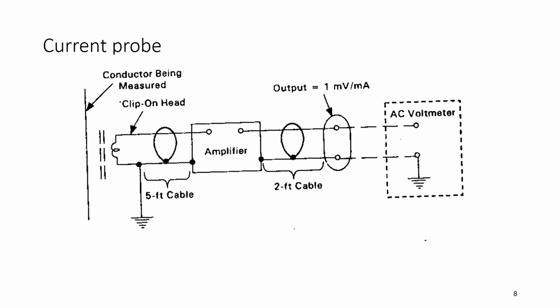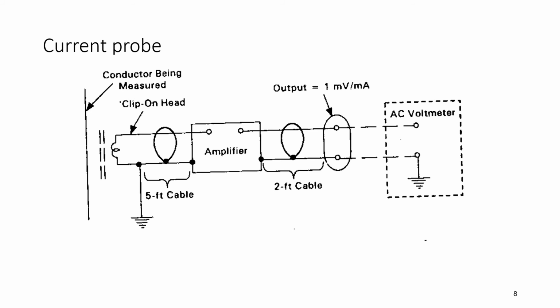It can be clamped around a wire carrying an electrical current without any physical contact. You need not disconnect the circuit to connect this probe. Thus, the magnitude of current with a frequency range from DC to 50 megahertz can be measured using this probe. The current probe is shown in the figure.